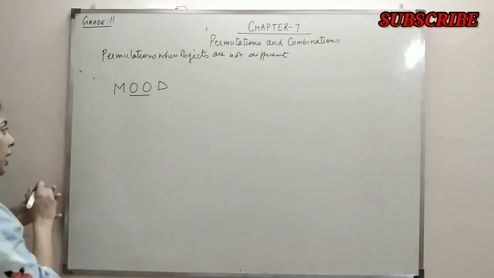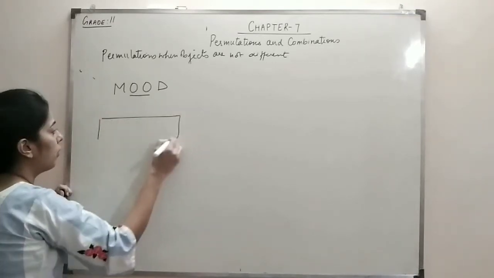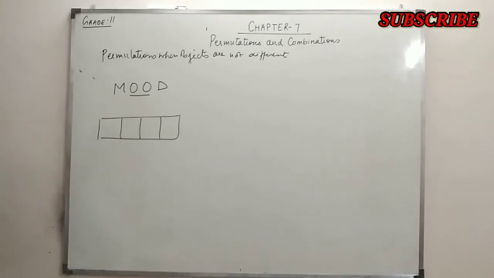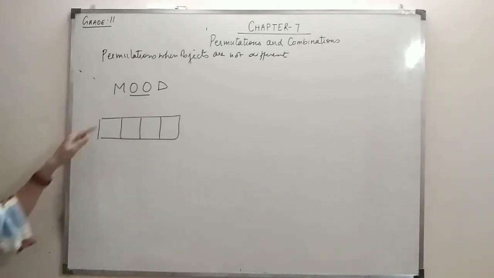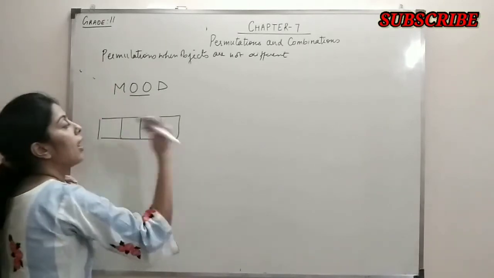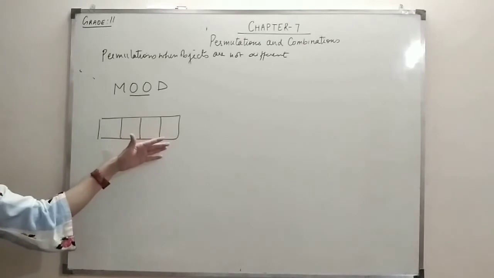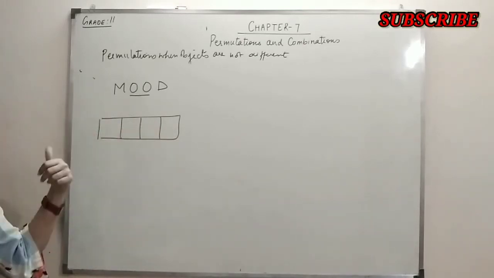If we have to frame the 4-letter word, the problem is that if repetition is allowed, then this O can come 4 times, M can come 4 times.